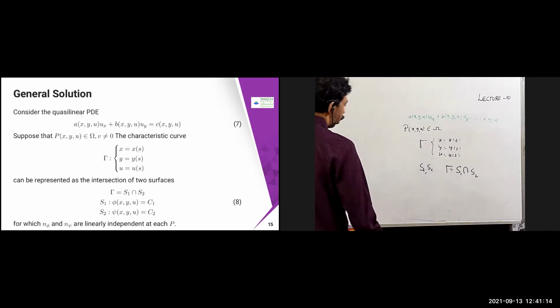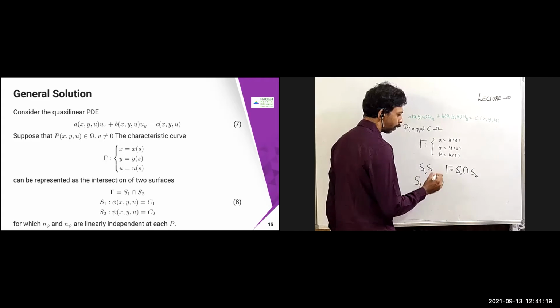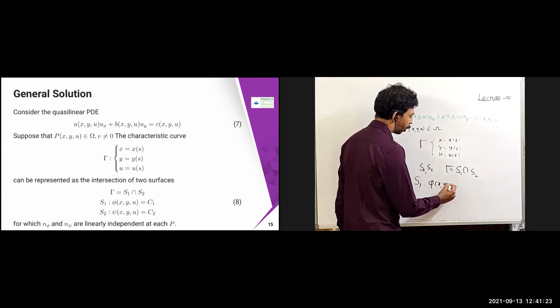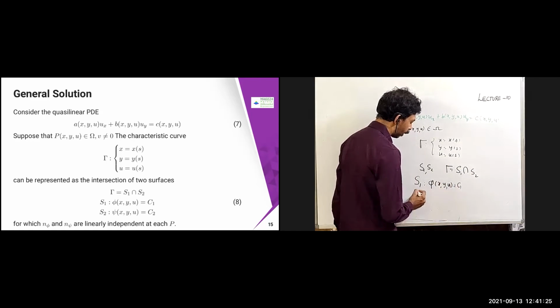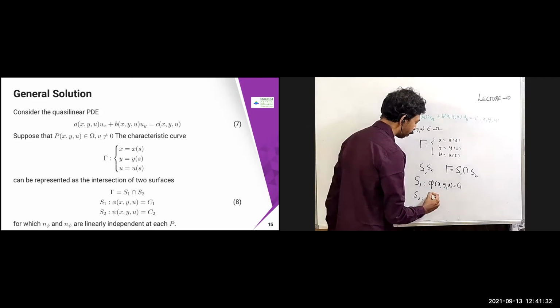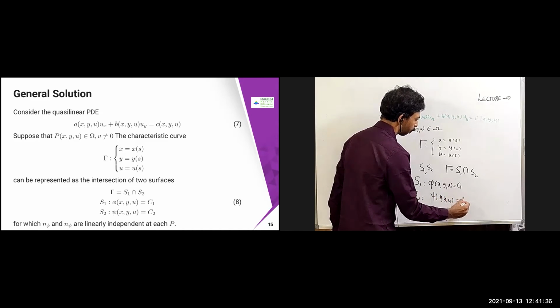Suppose S1 is represented by some function, because it is a surface, I can represent it like this: phi of x comma y comma u equals some C1, and S2 I'm representing with some other function, psi of x comma y comma u equals C2.